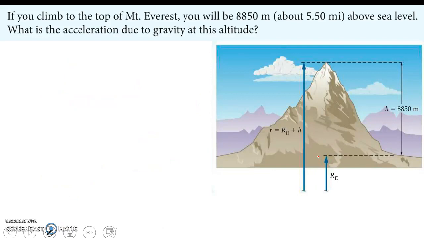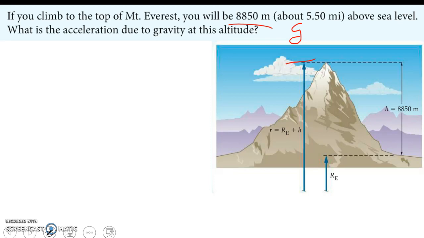So let's talk about an application. Let's say we climb to the top of Mount Everest, or you do, not me. I'm too old. That has this height above sea level, and we want to know what g is up here, g at the height.